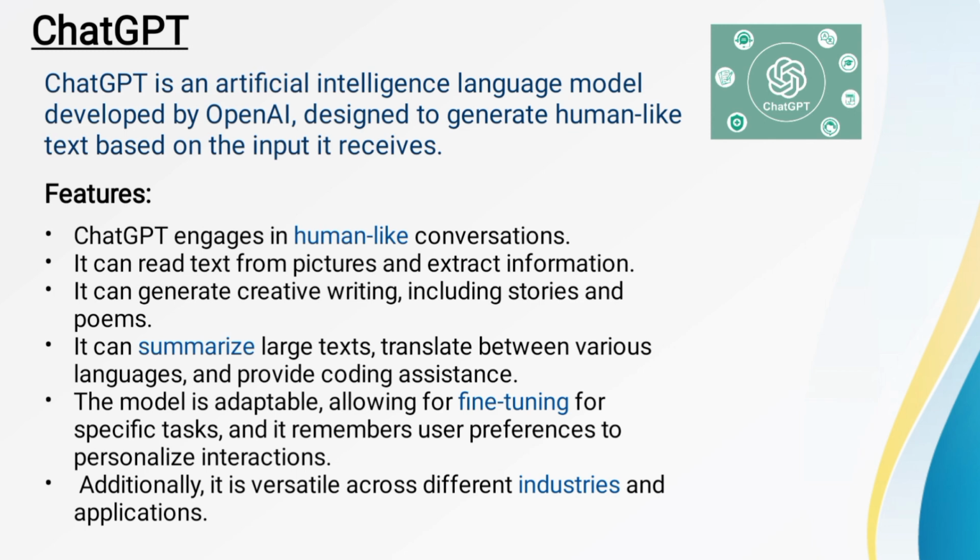It can summarize large texts into smaller ones, translate between various languages, and provide coding assistance. The model is adaptable, allowing fine tuning for specific tasks, and it remembers users' preferences to personalize interactions. Additionally, last but not least, it is versatile across different industrial applications.